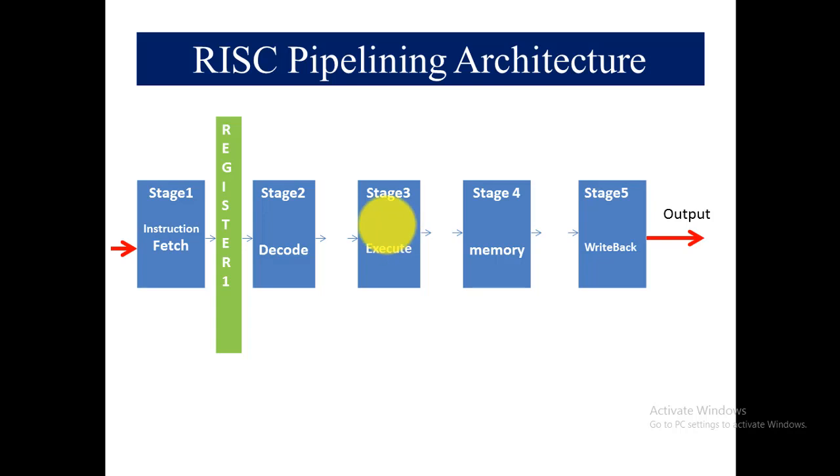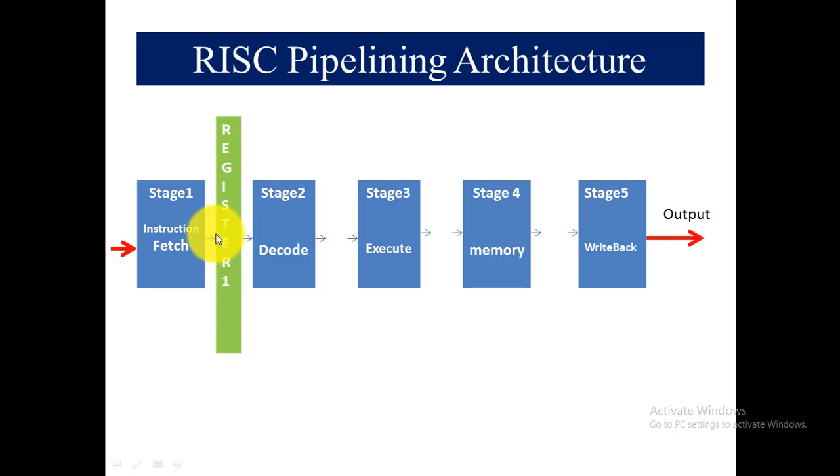So there must be some mechanism between the stages that stores the output of the previous stage and gives the input for the next stage. For this purpose, we use interface registers that store the intermediate results.